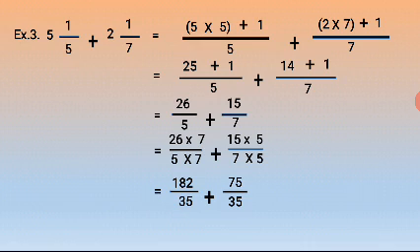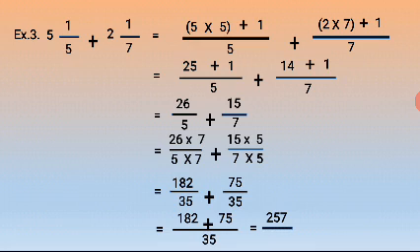Now when denominators are the same, we take the sum of the numerators only and write the denominator one time below the fractions. So we take the sum 182 plus 75 upon 35. Next step, we take the sum, that is 257 upon 35.